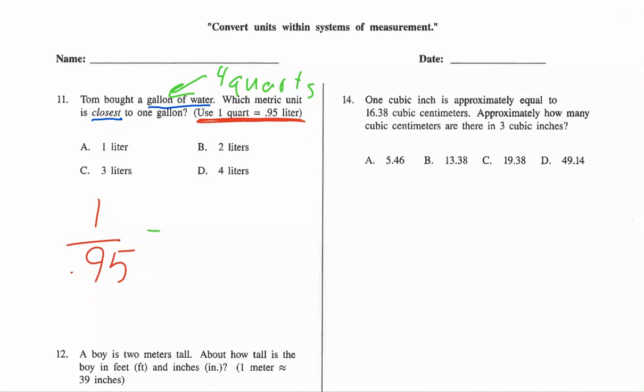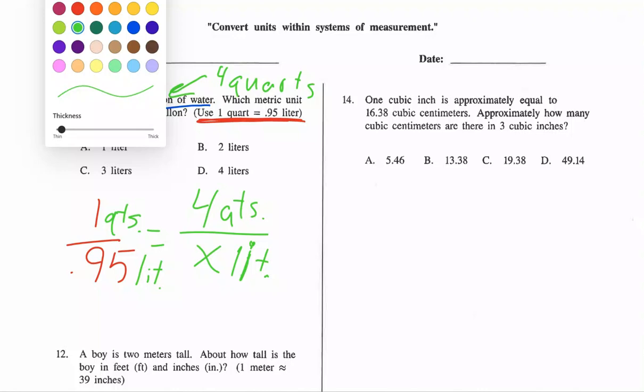Using this conversion rate, I still have to put my quarts on top because I have quarts over liters. So I need to do quarts over liters. Well, I don't know what my liters is for 1 gallon, so I'm going to put an X right there.